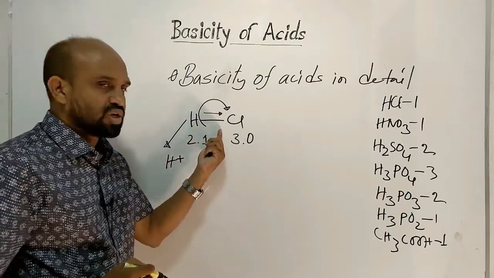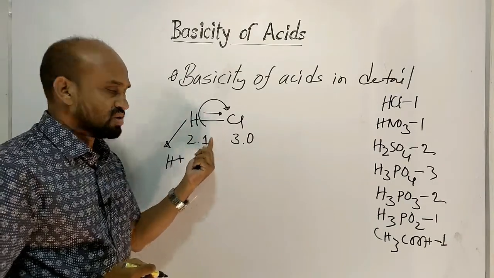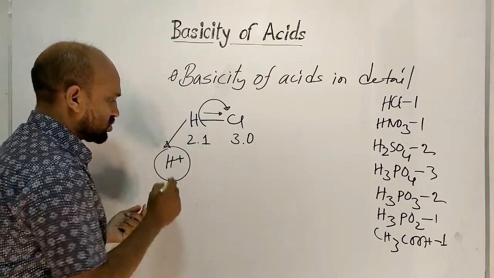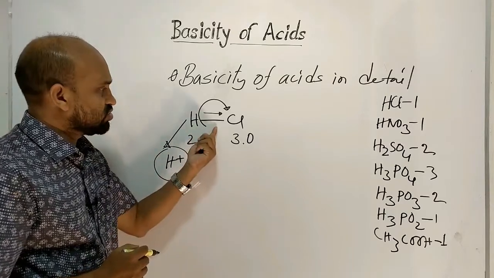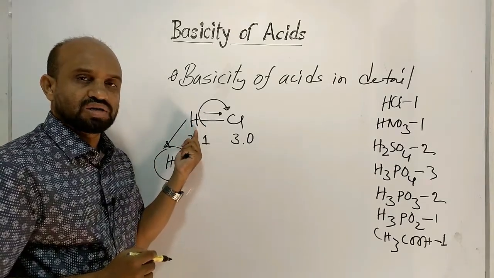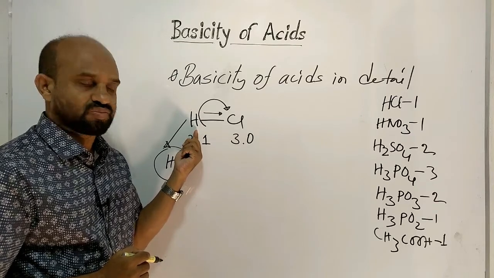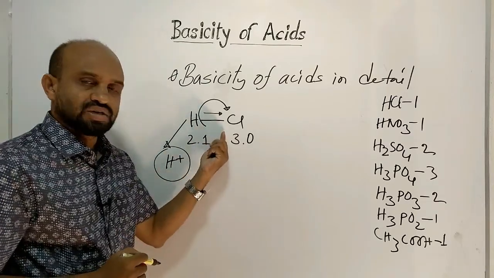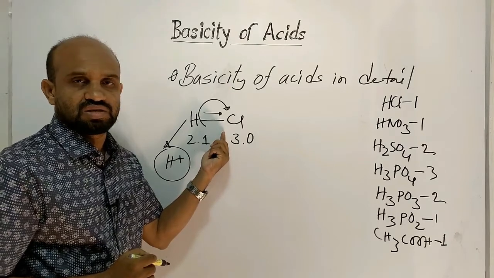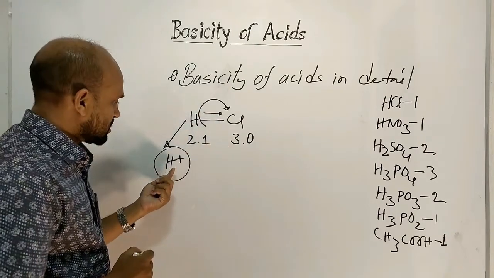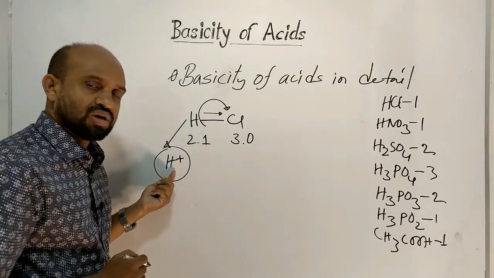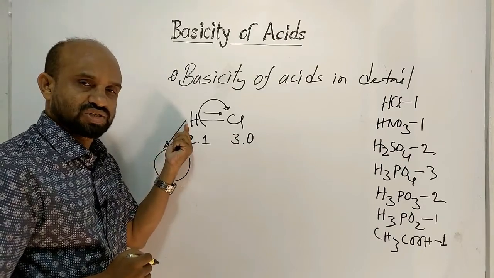So this molecule can yield only one proton. That means in this molecule only one replaceable hydrogen or ionizable hydrogen atom is present. That is why its basicity is 1, because here only one ionizable hydrogen atom is present.